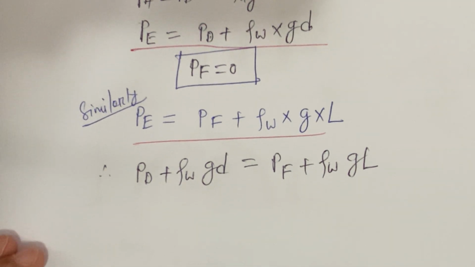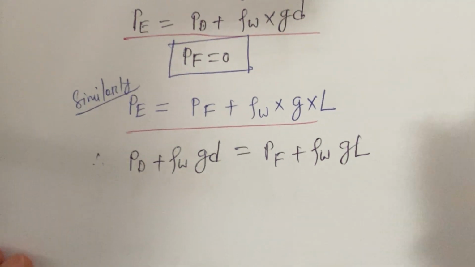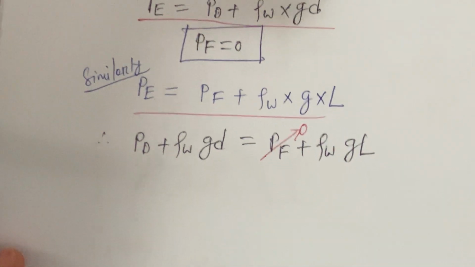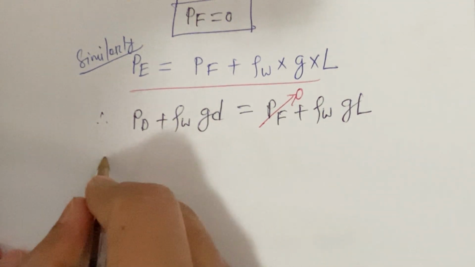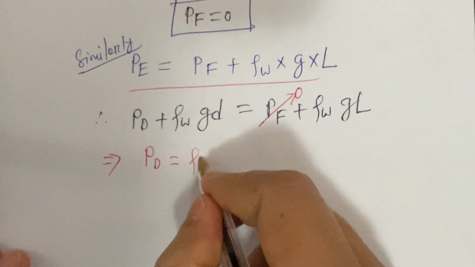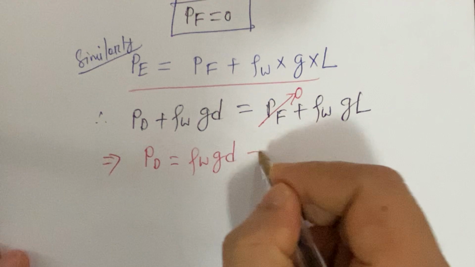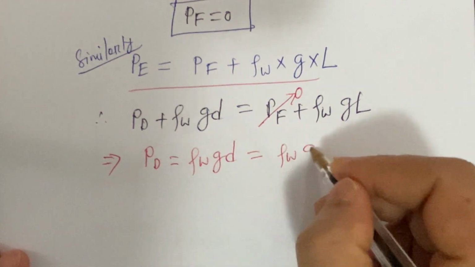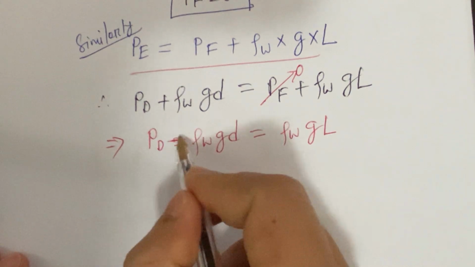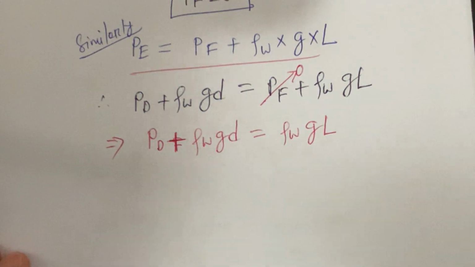Yes, we can. But this PF is equal to 0. So then we can write PD equals rho W g D and rho W g L. It should be plus.